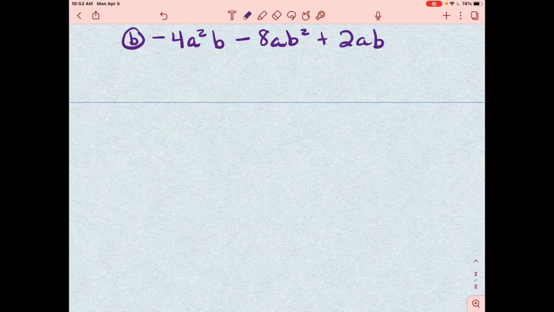Okay, think about a bunch of friends. They all want to contribute what they can, but it has to be fair and equal. So let's look at each one of these and decide what everybody is going to contribute. So this is one friend, this is the other friend, this is the other friend. So let's look at the numbers. We have -4, -8, and 2.